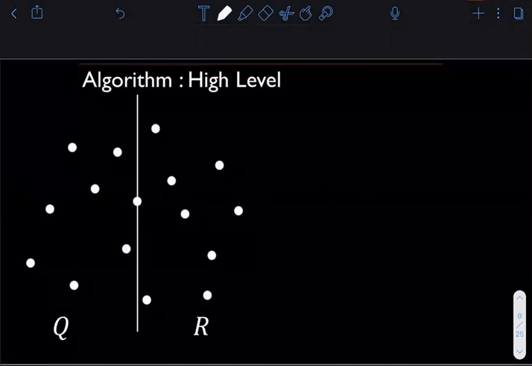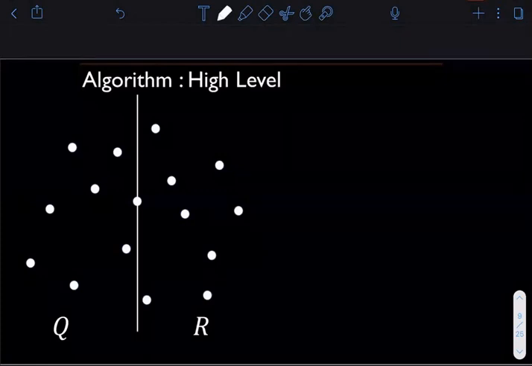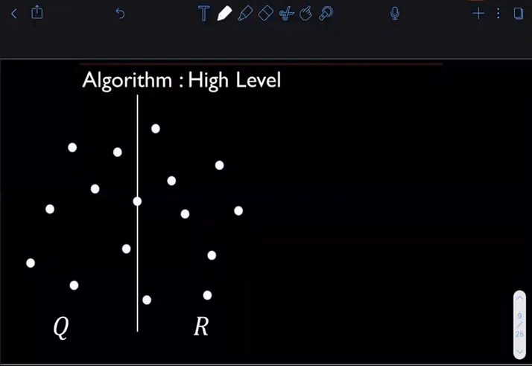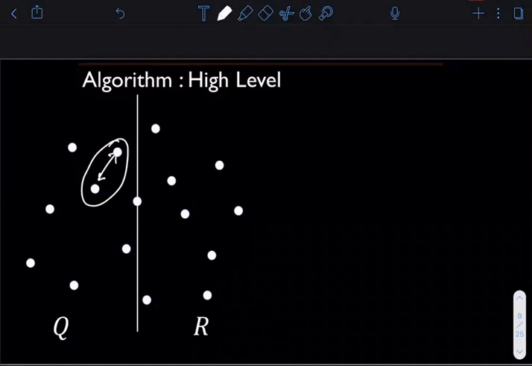Suppose I'm recursing on the side Q. I have given the sets Qx and Qy to the recursive algorithm, and somehow it manages to find the closest pair of points among the set of points in Q. Because that's where I'm recursing. So suppose it gives me some pair of points. Let's say these two points are the closest among the points that are only part of Q.